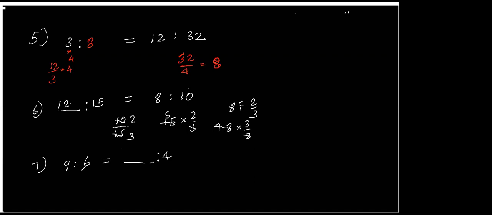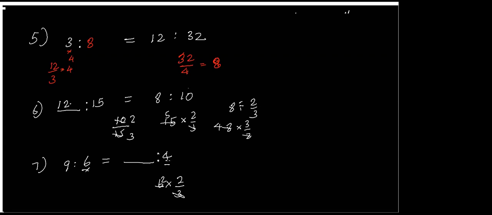Right, now look at 9 to 6, here 4. So now you can see 6 as well as here 4. To obtain 4, we want to check from which number we have to divide this 6. It means 6 into, from which number? 2/3. 6 divided by 3 is 2, 2 times 2, 4 comes here.